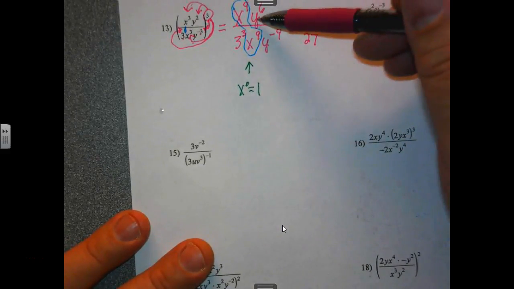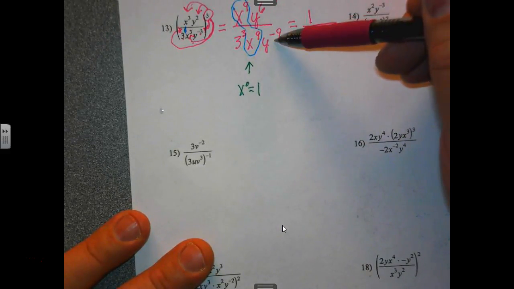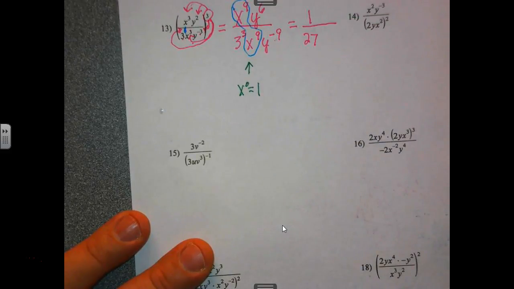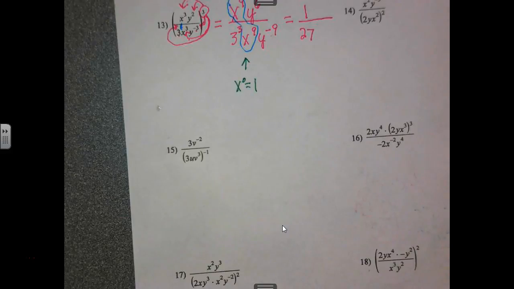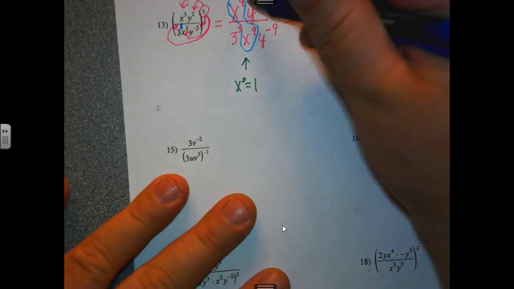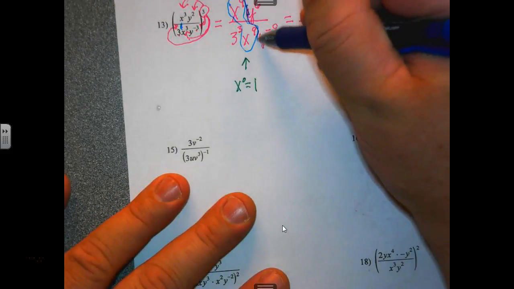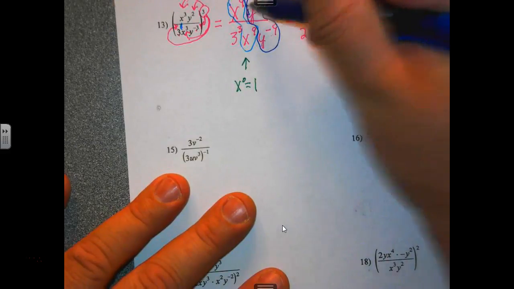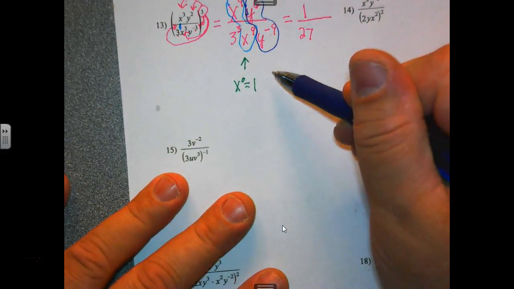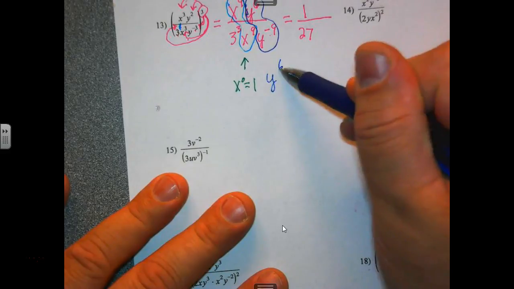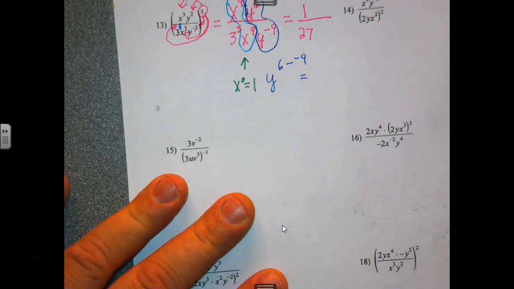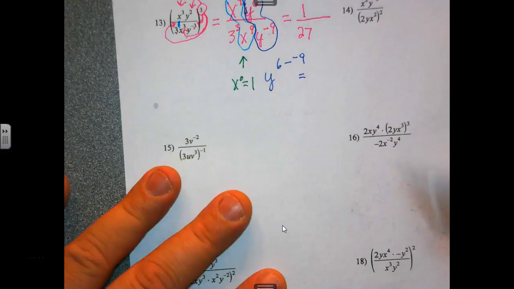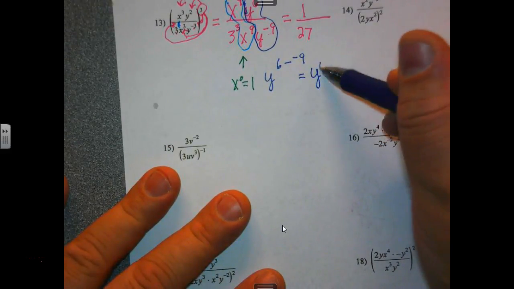And I've got y to the 6th minus negative 9. What do I get? Yeah, 15. Got to add them.